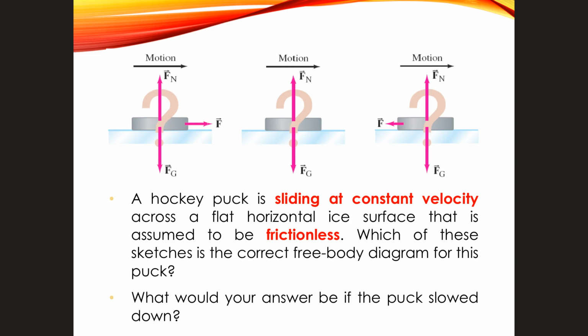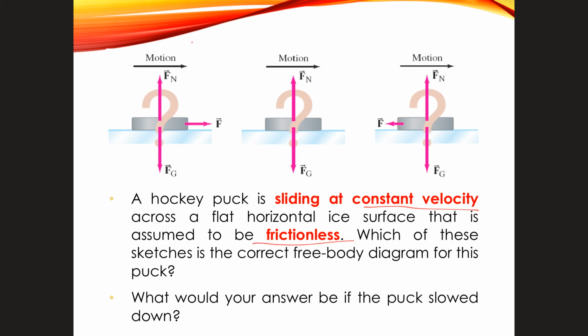Okay, this one: a hockey puck is sliding at a constant velocity across a flat horizontal ice surface that is assumed to be frictionless. Which of these sketches is the correct free body diagram for this puck? It's sliding at a constant velocity and is assumed to be frictionless, which means we don't have to put friction.